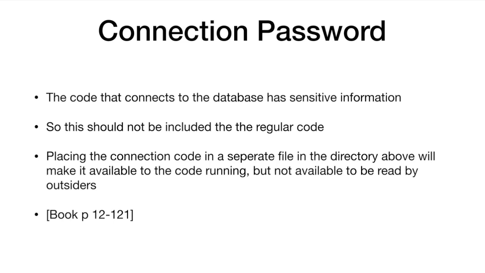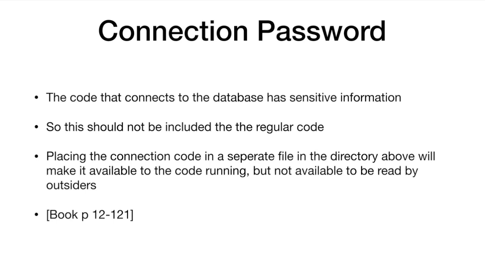We saw also when we were connecting up to the database that we had to put in the code the username and password in order to connect up. So that has very sensitive information in it. That shouldn't be included with the regular code, actually. That should go in a specific place. So you could put that connecting up code in a specific folder that is higher up in the directory structure than the rest of the code.